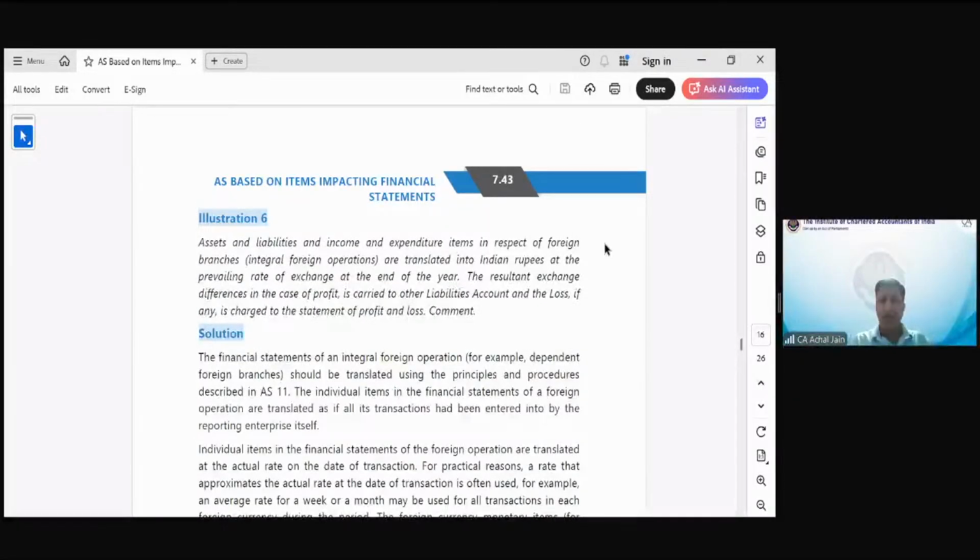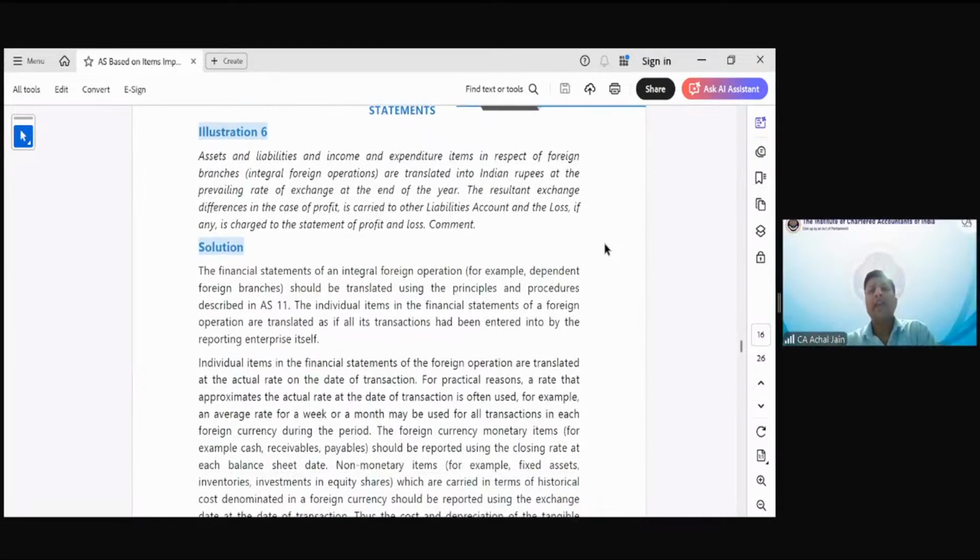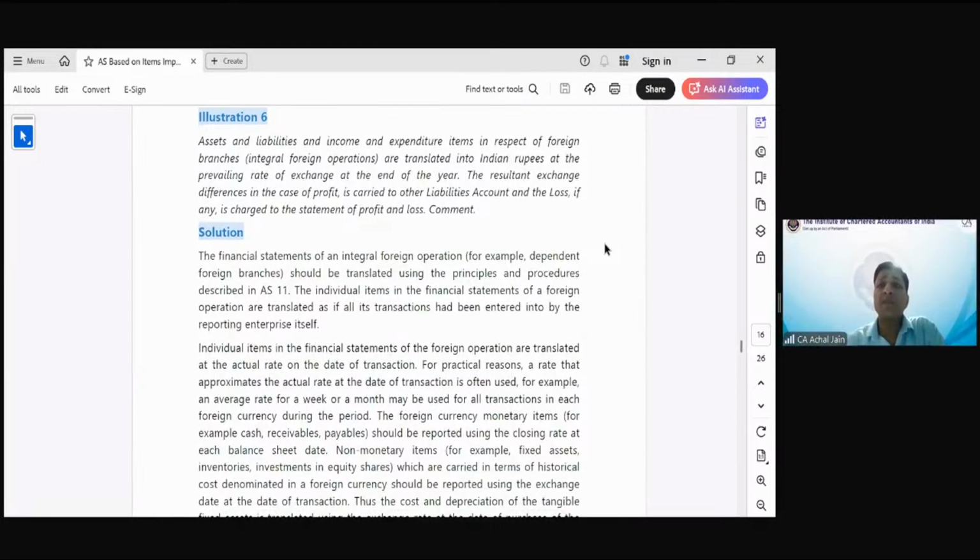This is more of conceptual, more of theory. Assets and liabilities and income and expenditure items in respect of foreign branches, integral one, are translated into Indian rupees at the prevailing rate of exchange at the end of the year. The resultant exchange difference in the case of profit is carried to other liabilities account, and the loss, if any, is charged to the statement of profit and loss.